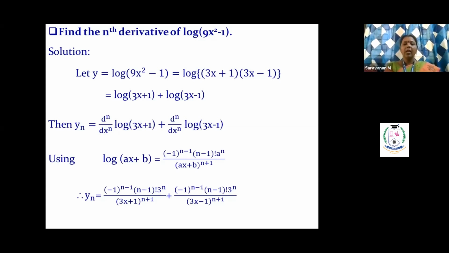So this is what we are going to apply here. Wherever we have a and b, replace a and b as 3 and 1. So replacing a as 3 and b as 1 in the first term, we get 3x plus 1 the whole power n, and in the second term 3x minus 1 the whole power n. This is the nth derivative of log of 9x squared minus 1.